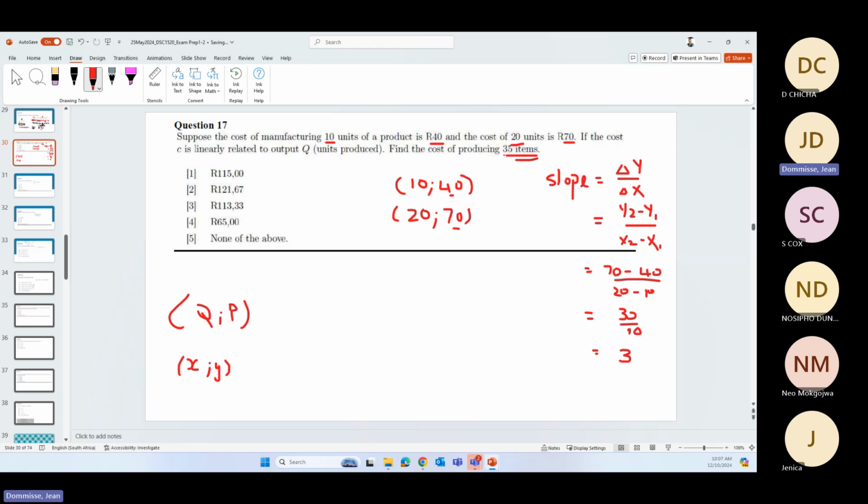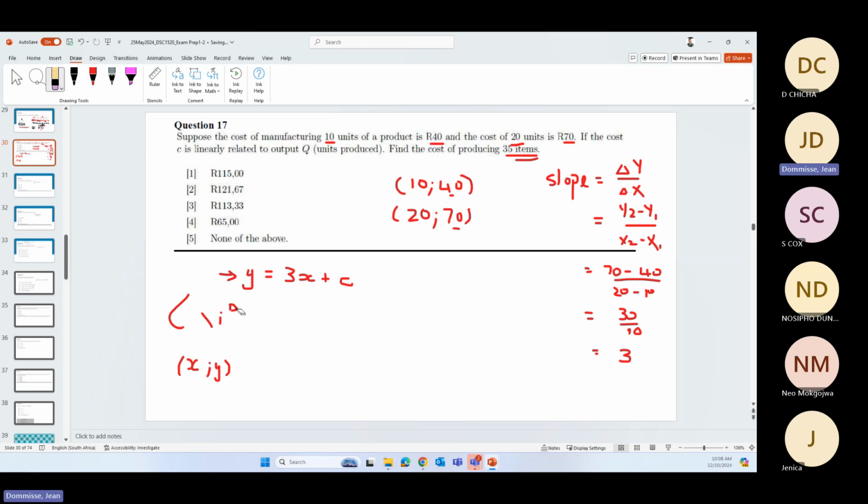Okay, so let's quickly see. If we do 3 times 35, luckily there is not an answer. If we look at our y is mx plus c, we now have that component.